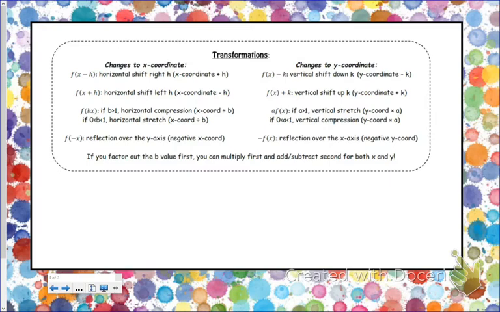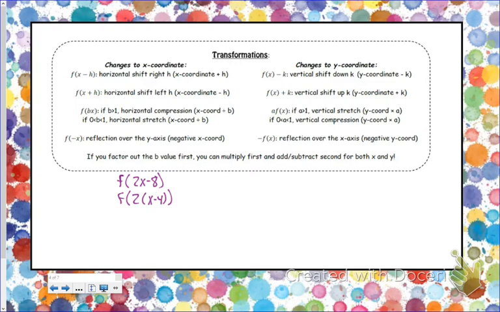So what I mean by that is if you see something like f of 2x minus 8, instead of worrying about our order, I would factor out that 2 and make that x minus 4. That's the same expression, because if I went back and distributed the 2, I would get 2x minus 8.